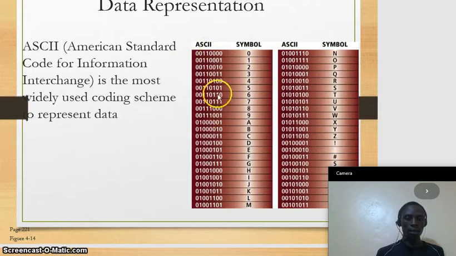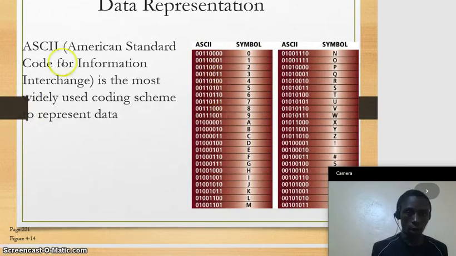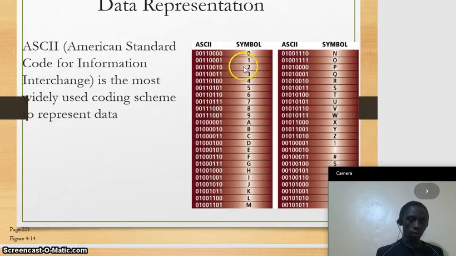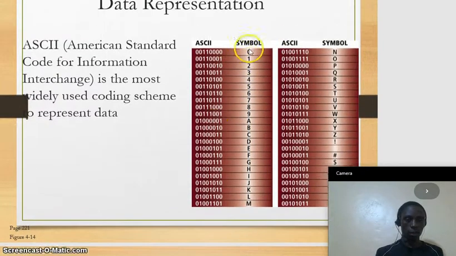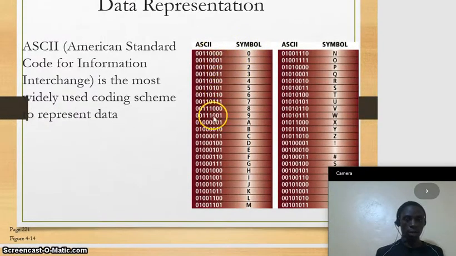The American standard code can say 0011 0000, which gives a symbol as 0. So this is the American coding. We can go through the binary codes and see what they represent.